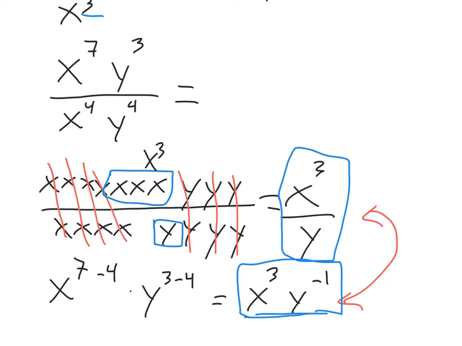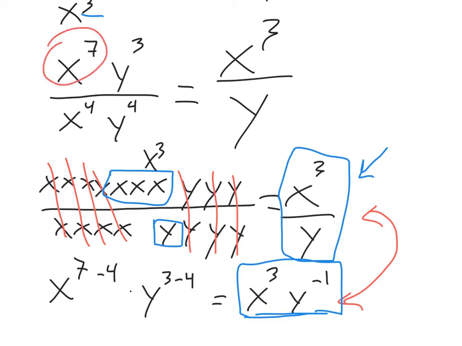But when it comes to math, we write it all with positive exponents. We're going to talk about that in a bit on the next video. But the answer here is x cubed over y. Because the top x's win with 3 left over, and the bottom y's win with 1 left over.